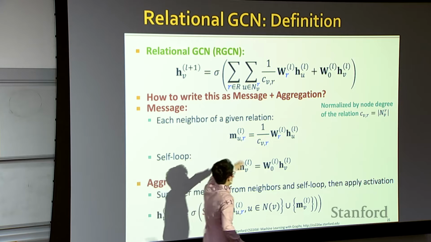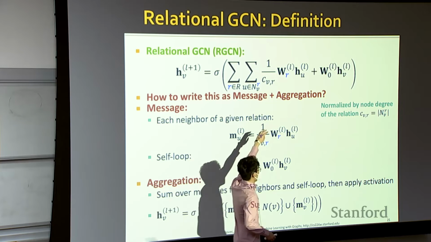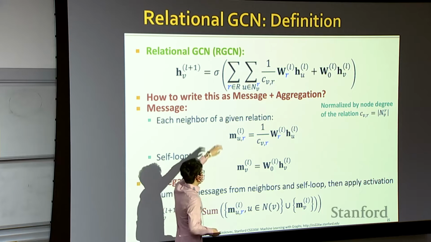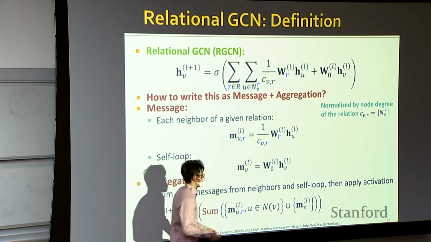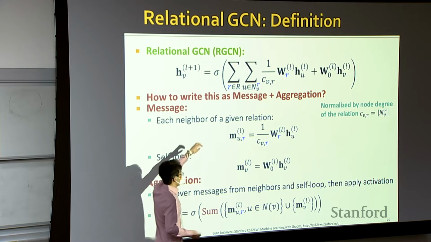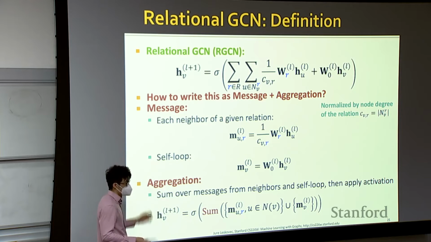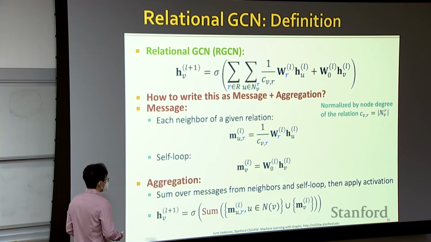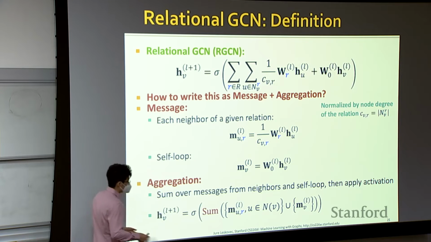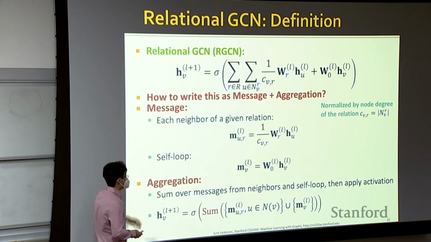And you see that we still have a lot of things we're familiar with, right? So we use the weight matrix W to transform a given node. We perform an aggregation over the neighbors of a given node. And we additionally perform an aggregation over a different relation type R. So we can still understand this equation through the 2 steps we have been talking about, message computation and aggregation.